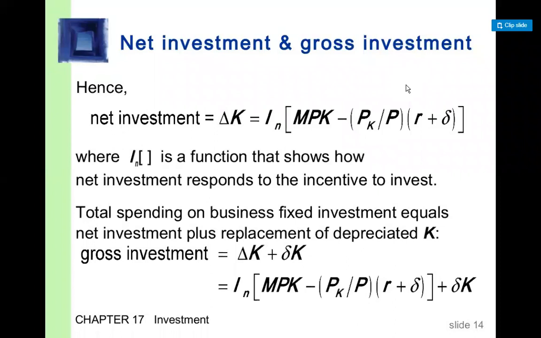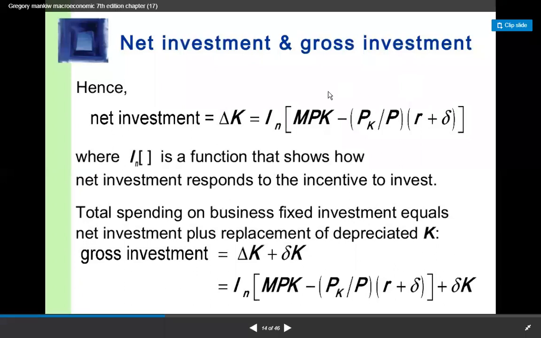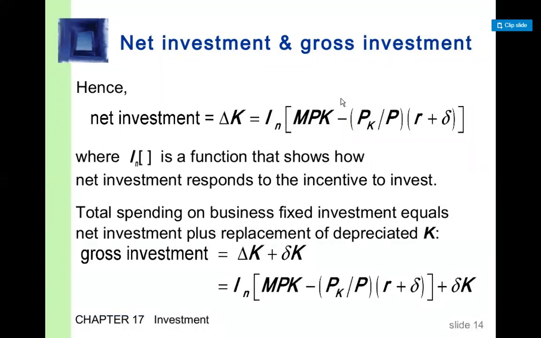So fahil's new investment depends upon profit rate. New investment, net investment, change in K depends upon profit rate. If, for example, profit rate is negative, then what will be?